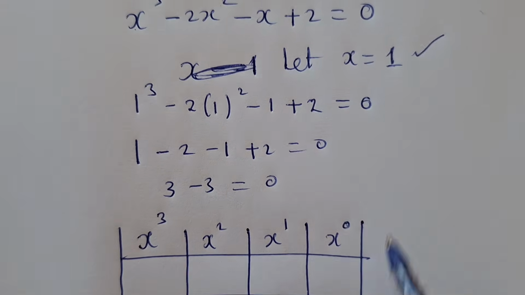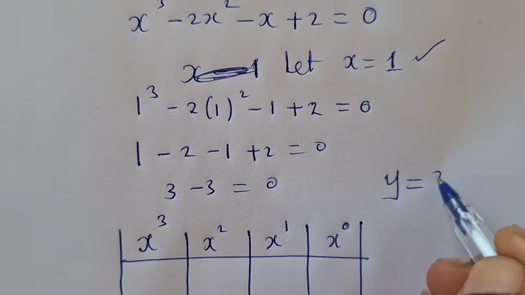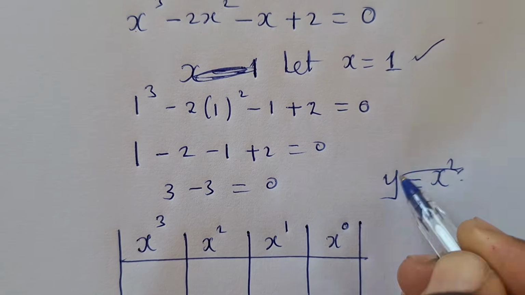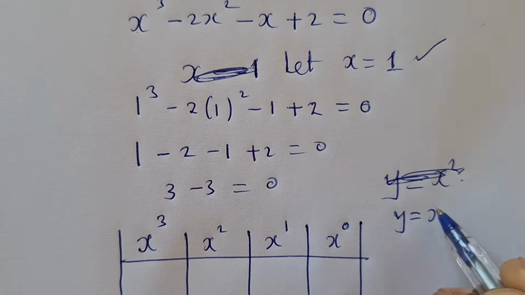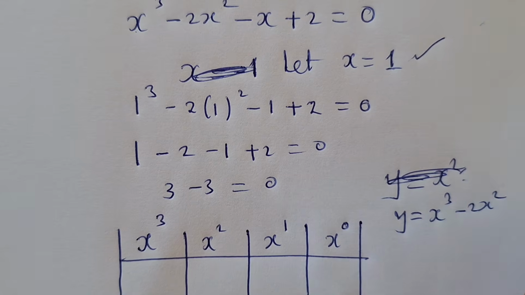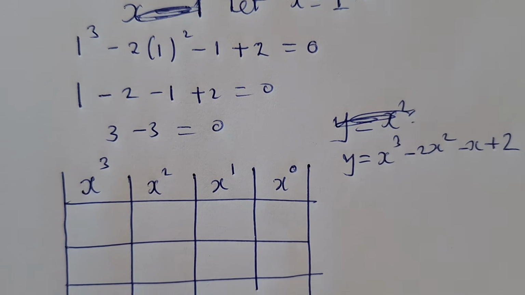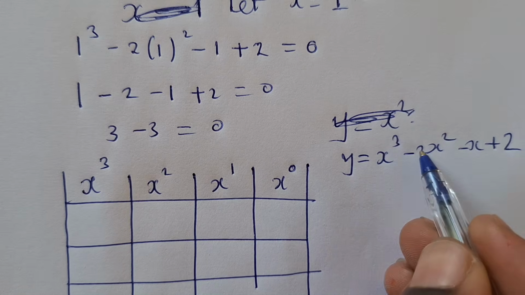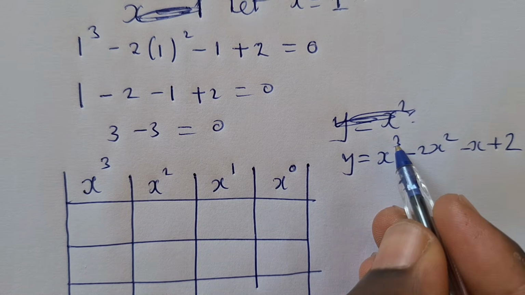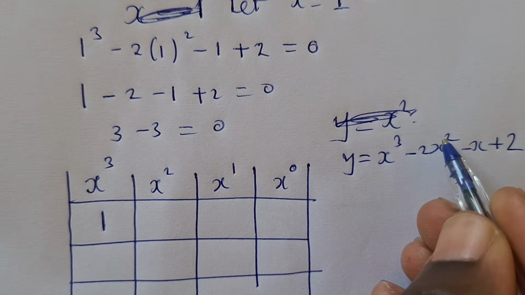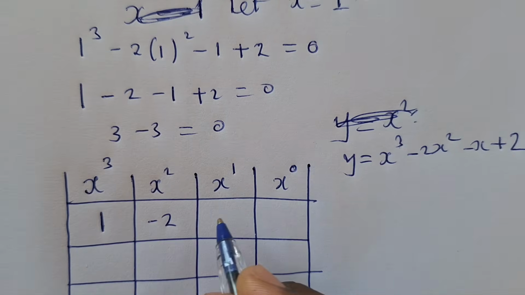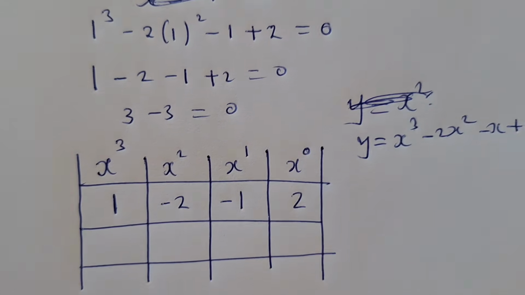Now you come to the given equation. This is the equation we've been given: y equals x power 3 minus 2x power 2 minus x plus 2. We get the coefficients. At x power 3, there is a coefficient of 1. At power 2, there is -2. Then there is -1 and 2.